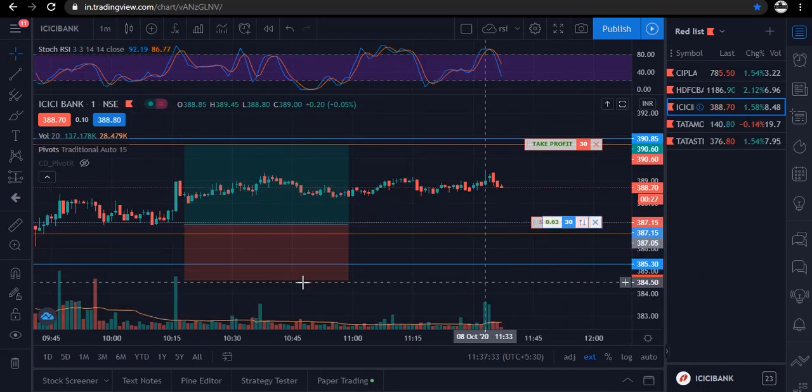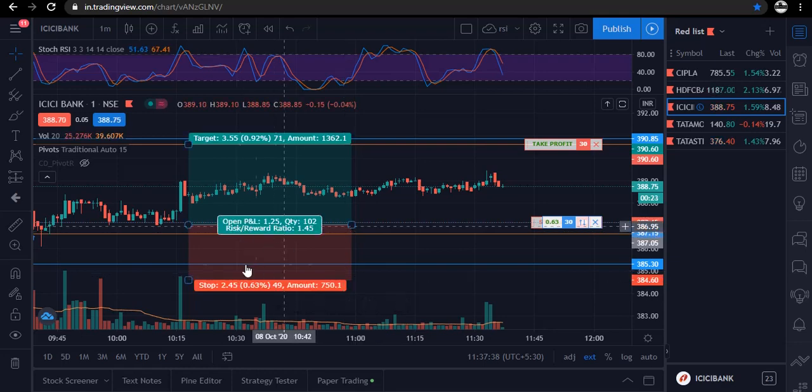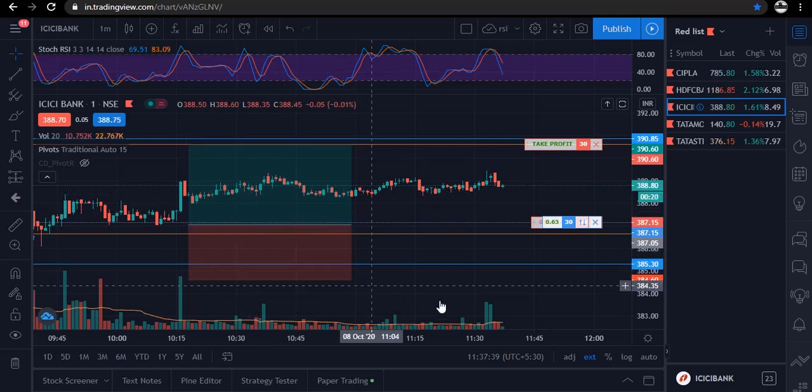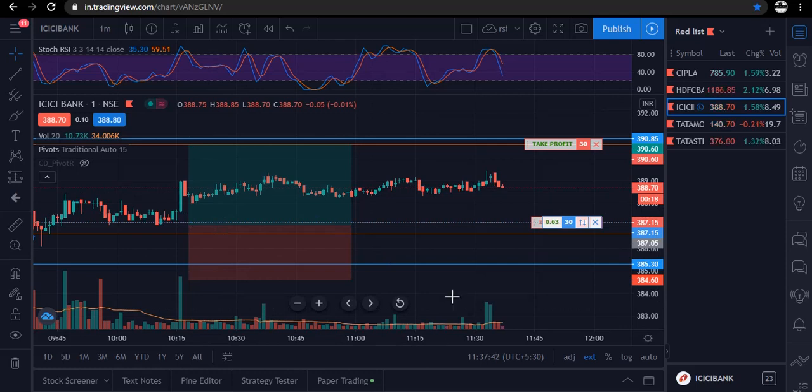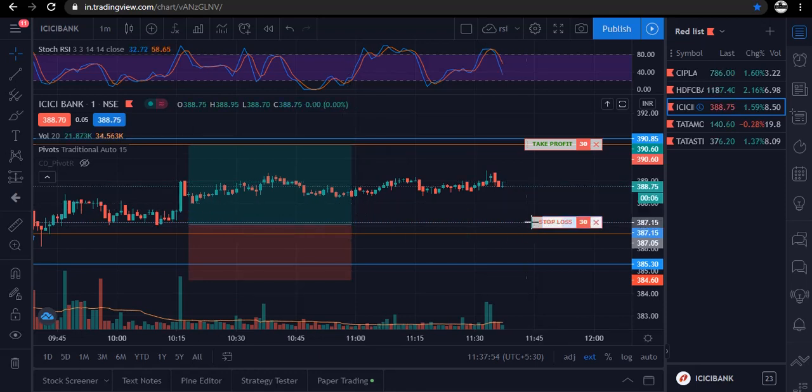So traders, this is our ICICI Bank trade, and here you can see the market is behaving sideways now. So I am again trailing my stop loss till here, which is the next support zone. Okay traders, to prevent our profit from a one-sided movement, I am just trailing my stop loss so that we can book at least half of the profit.